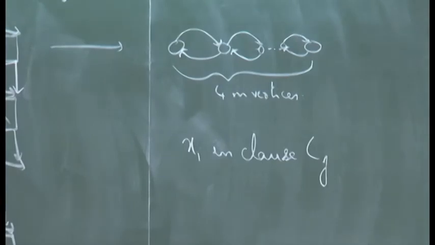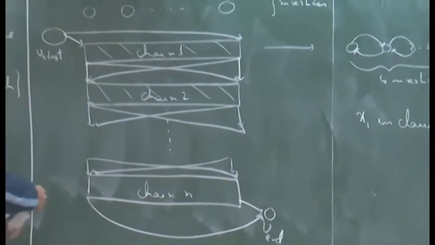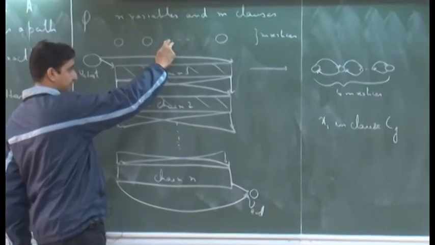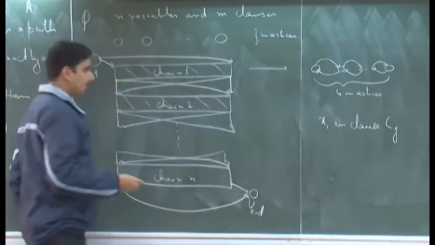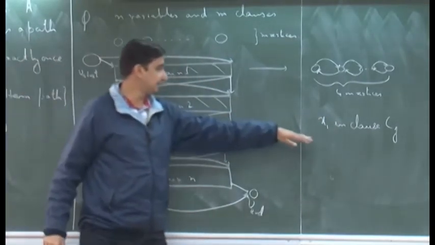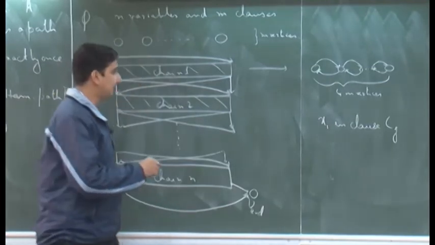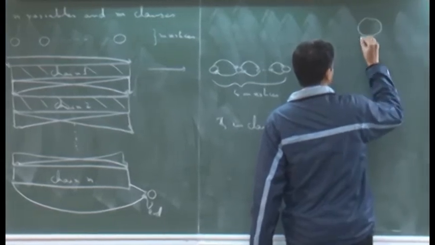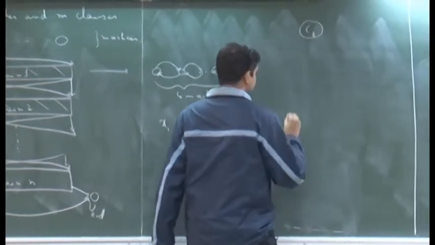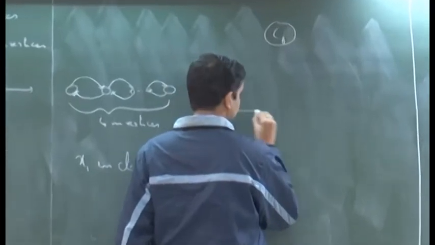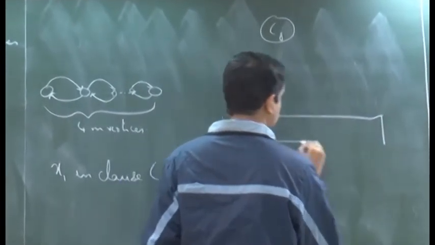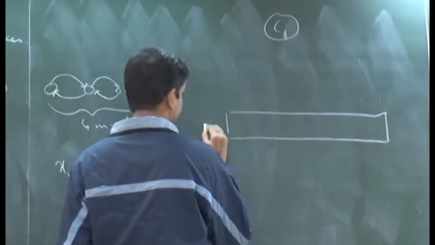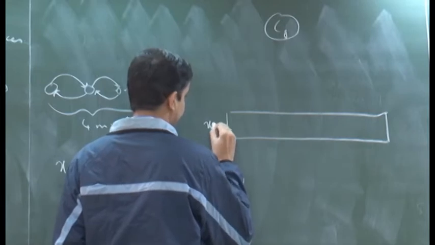C j. What I do is I add two edges from the vertex representing the jth clause to the chain representing the ith variable. And how do I add it? Let me illustrate it over here. Suppose I have this vertex representing the jth clause and a chain representing the ith variable.